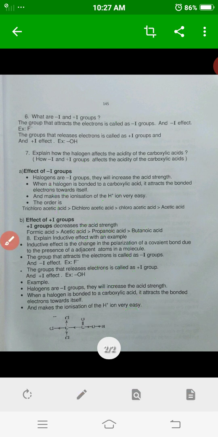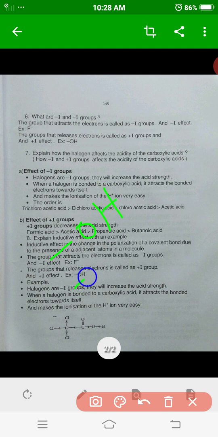Another is the positive inductive effect. An example is the OH group: a group that releases electrons shows the positive I effect.